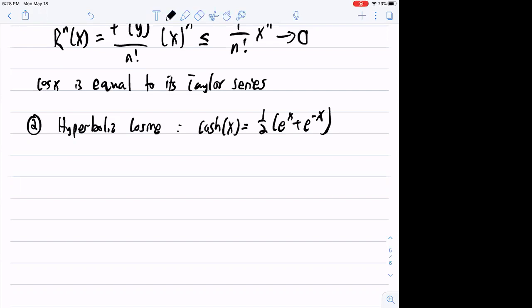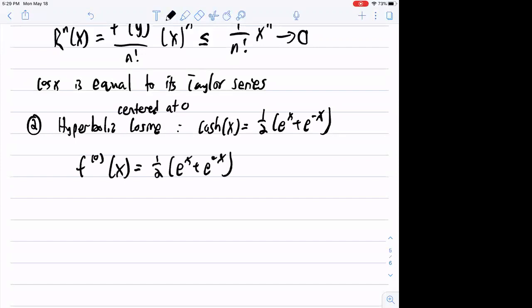So again, we need to find the derivatives, centered at 0, to make things convenient. So f0 of x is just the original function, right? So at 0, it's equal to 1/2 of e to the 0 plus e to the 0, which is 1 plus 1, right? E to the 0 is 1.